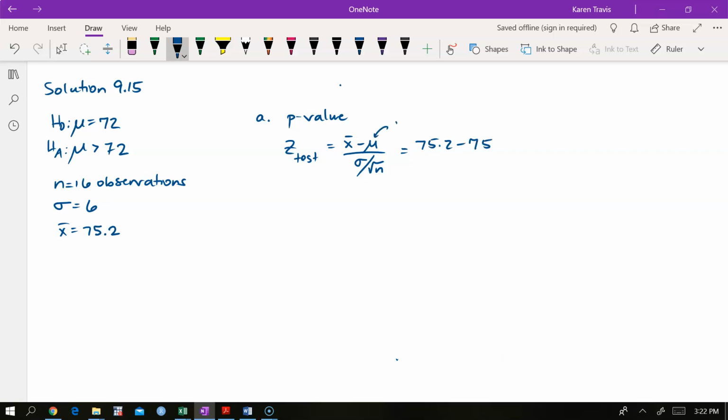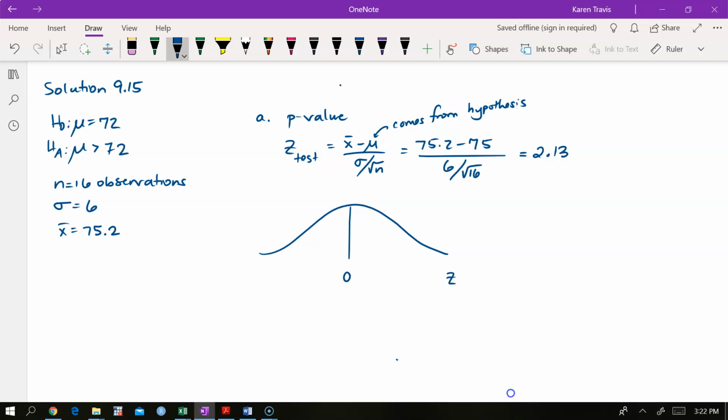Remember, this comes from the hypothesis. And then we're going to divide by the standard deviation of 6 over the square root of 16. And when we do that, we're going to get 2.13 as our z-test.